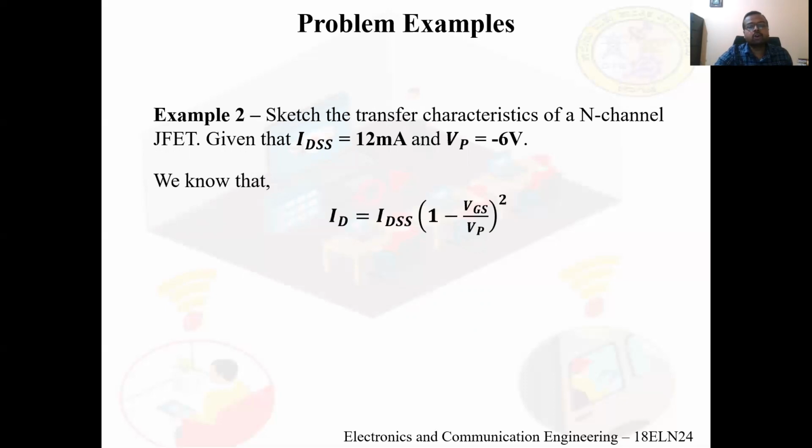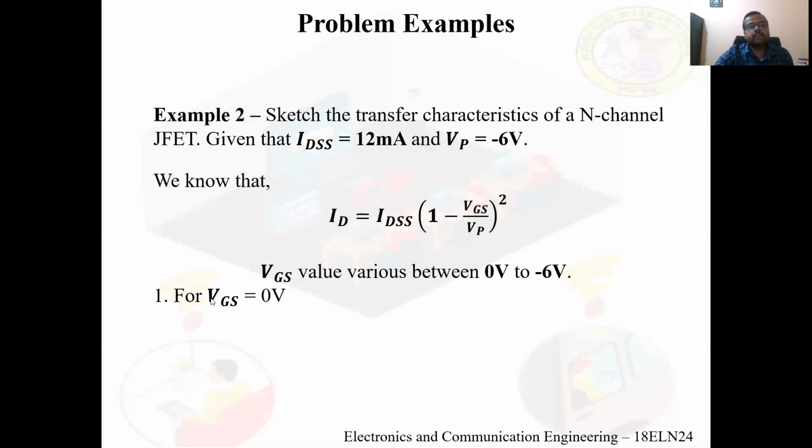First, write the Shockley's equation. ID is equal to IDSS times (1 minus VGS divided by VP) whole square. Now, we will take the value of VGS. As I said, the VGS value varies between 0 volt to minus 6 volts. Why minus 6 volts? Because the pinch off voltage is minus 6 volts here.